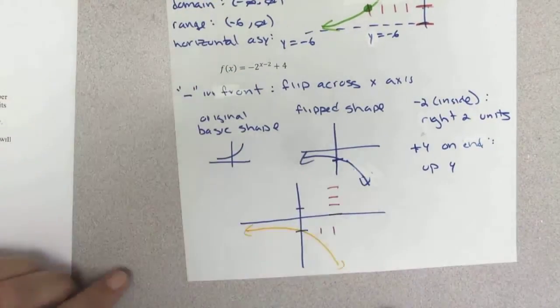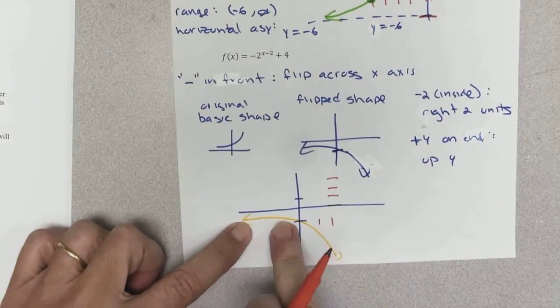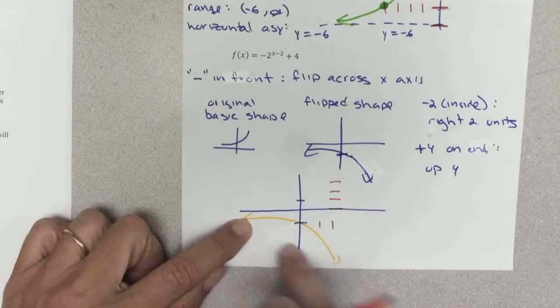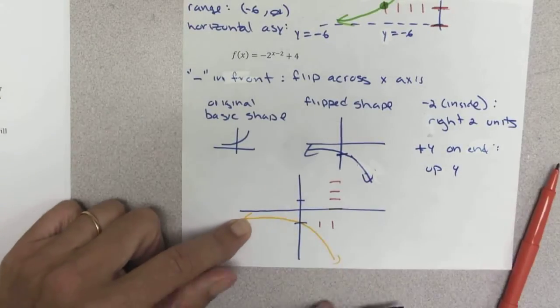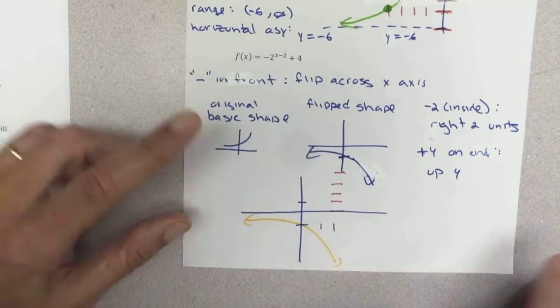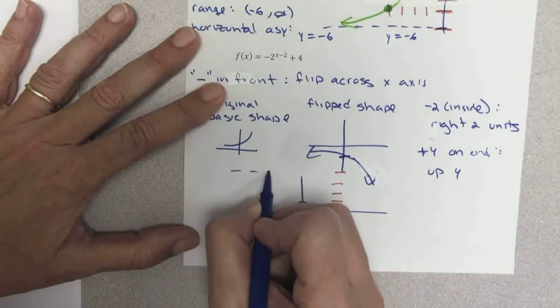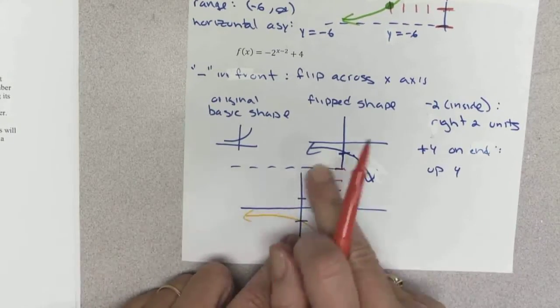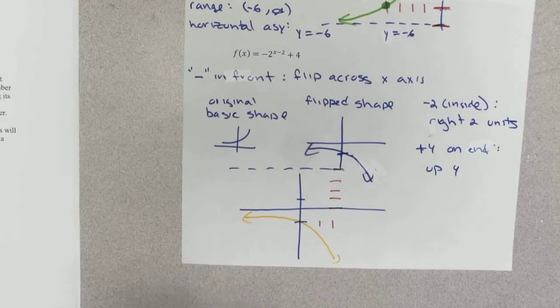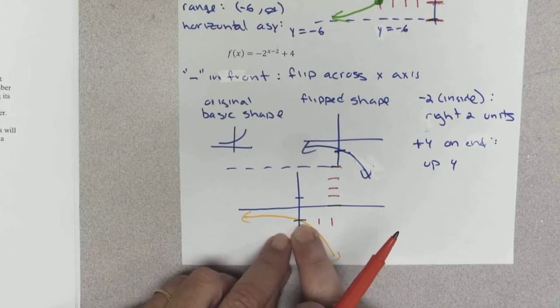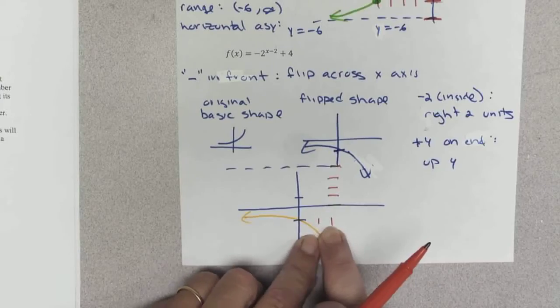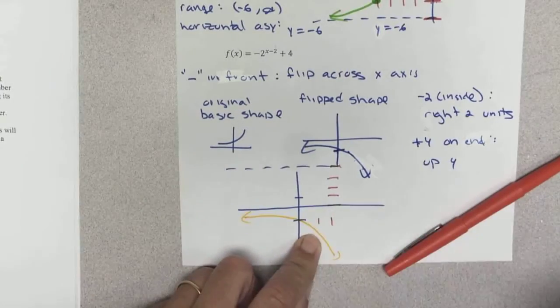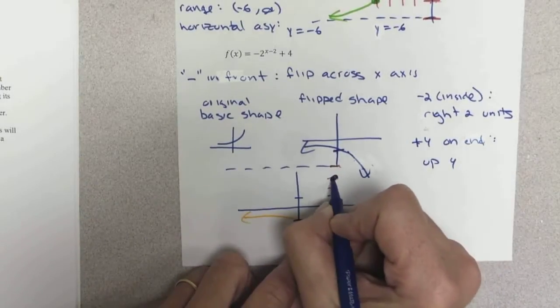And then my asymptote, move that asymptote too. We want to go up 4 on that asymptote. So moving that asymptote up puts my asymptote right there. I should have graphed my point first, but moving this point right 2, up 4, puts that final point right there.